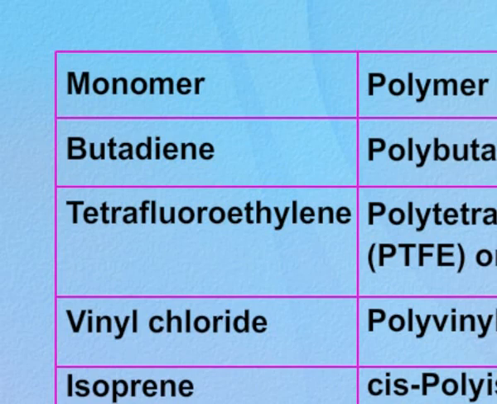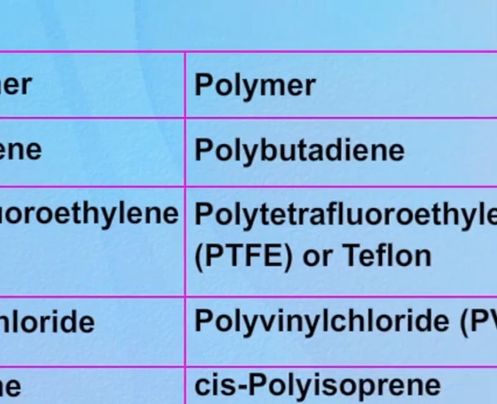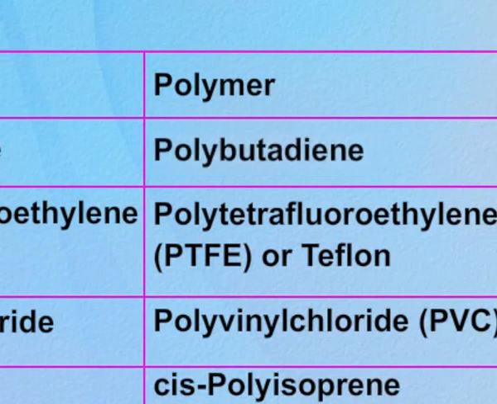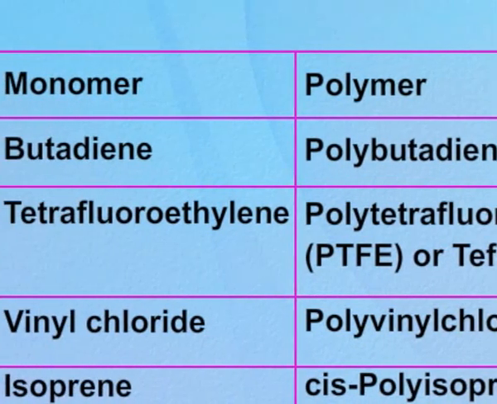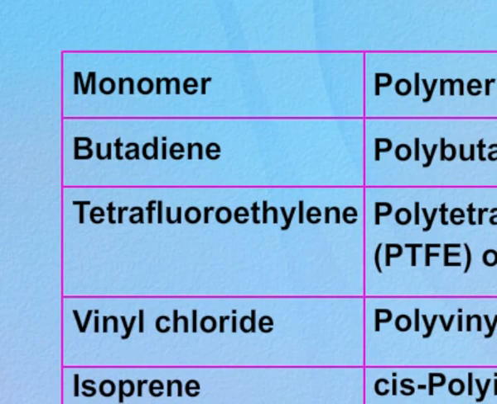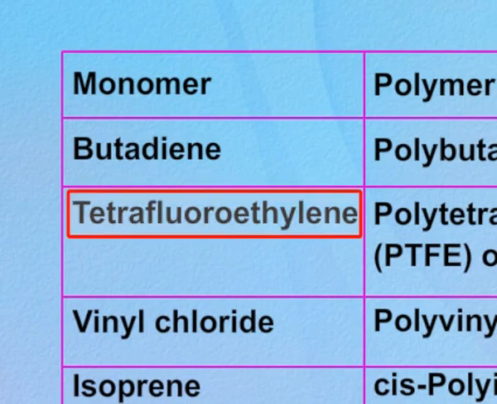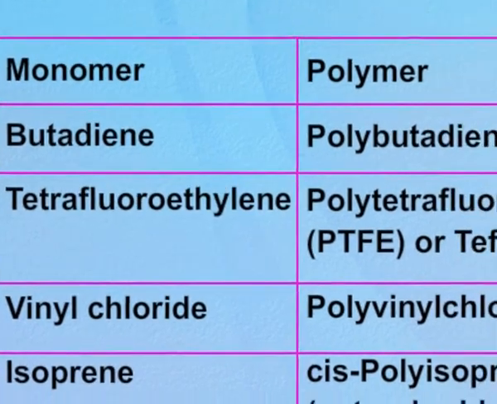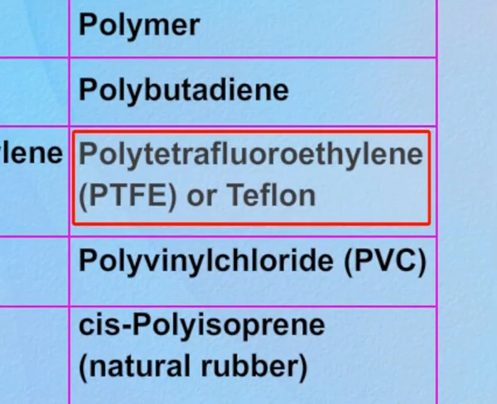Let us take the first monomer, butadiene, whose polymer formed is polybutadiene. We also see here that if a monomer is tetrafluoroethylene, the polymer formed is polytetrafluoroethylene, also known as PTFE or Teflon.